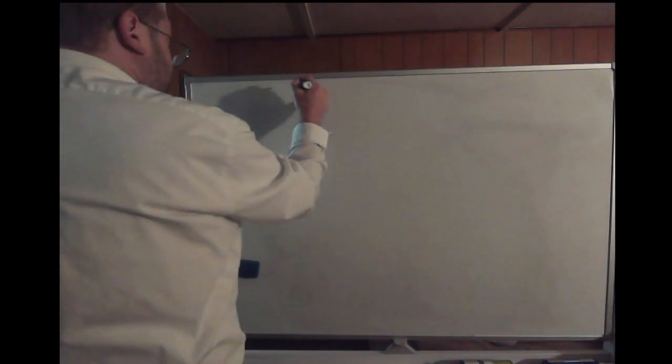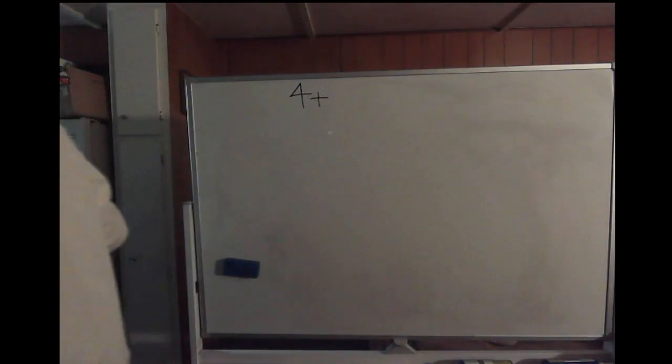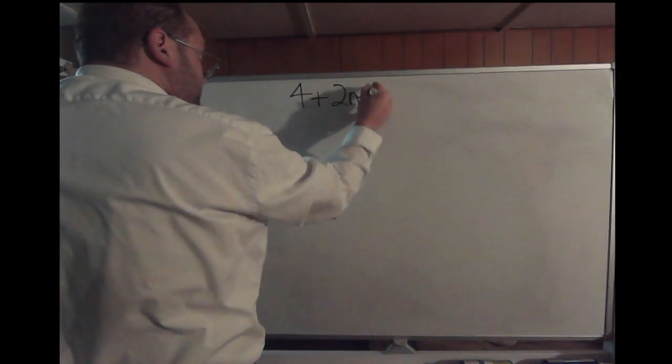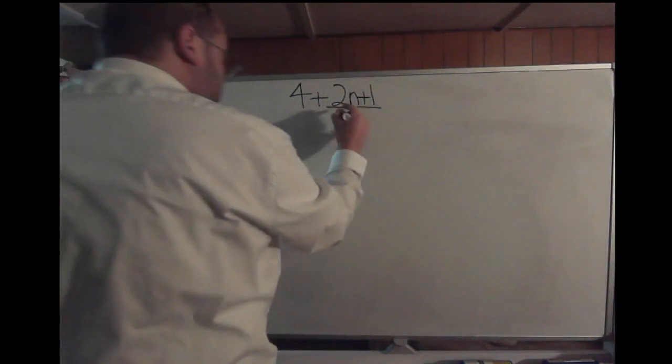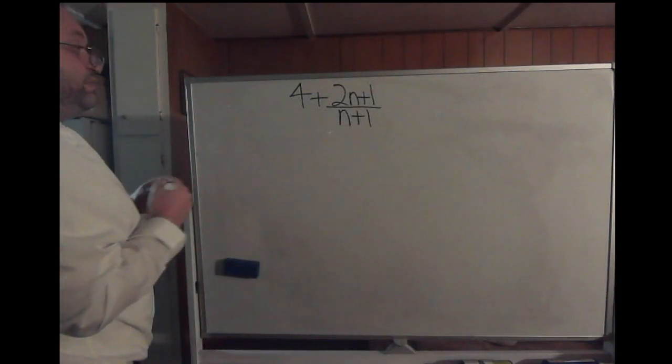Alright, let's see here. We have 4 plus, and we have 2n plus 1 all over n plus 1. So we've took it up a notch.